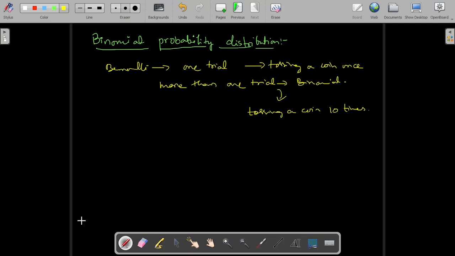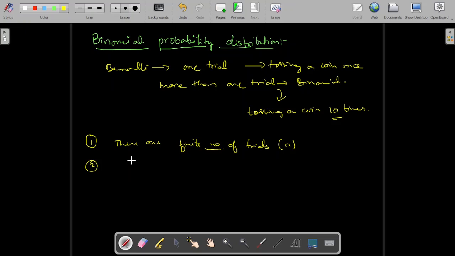For any such random experiment, the conditions are: there is a finite number of trials, denoted as n, which should be finite. For example, tossing a coin 10 times means n equal to 10.